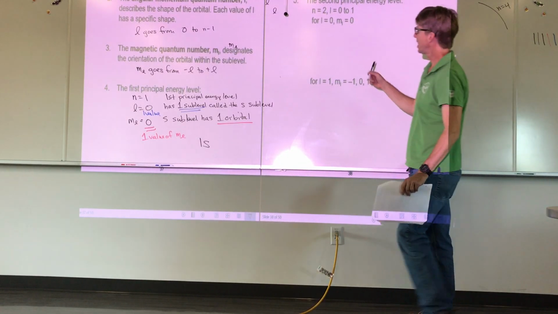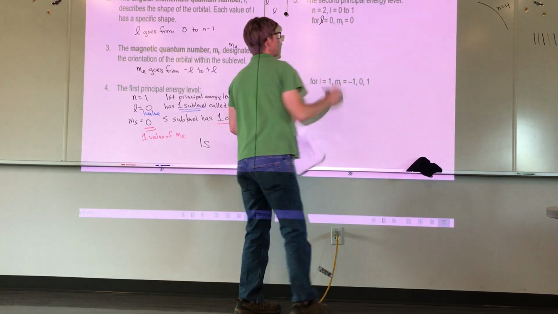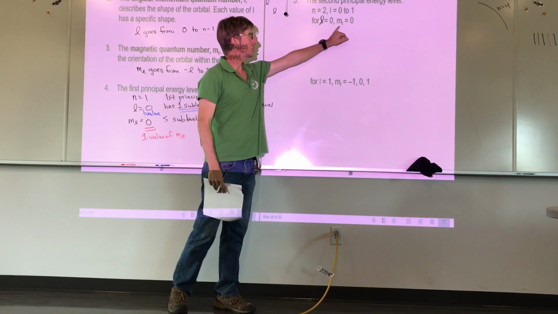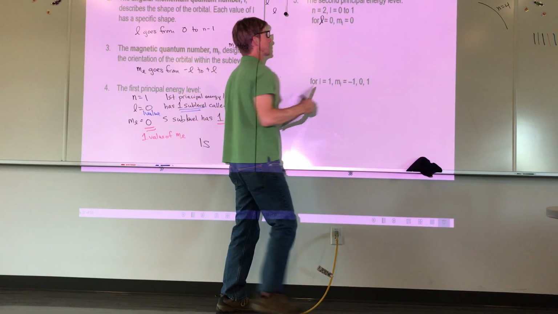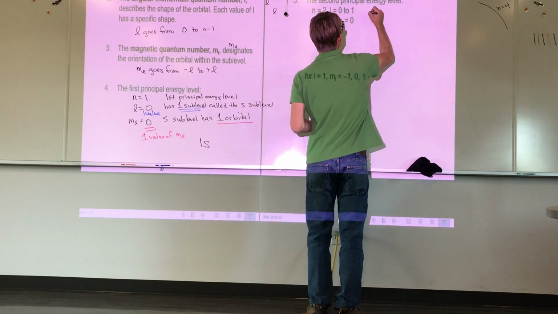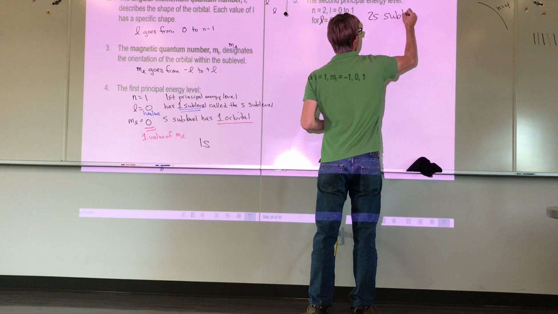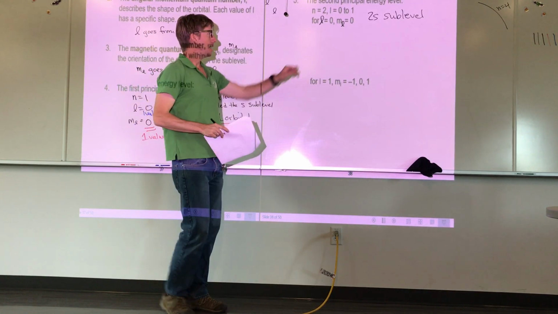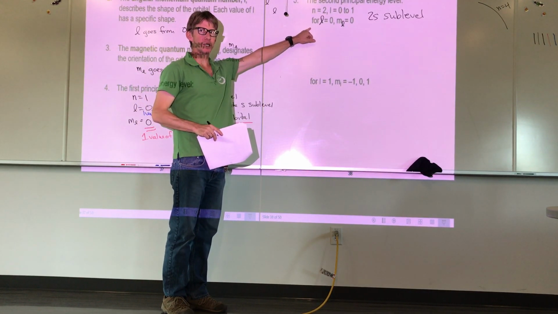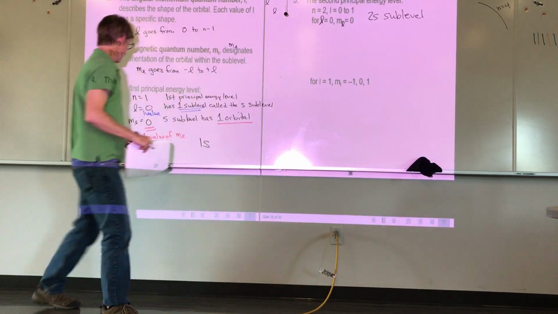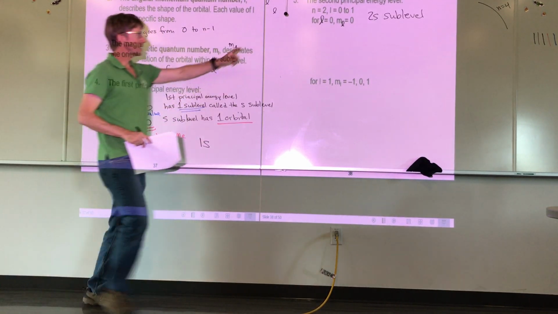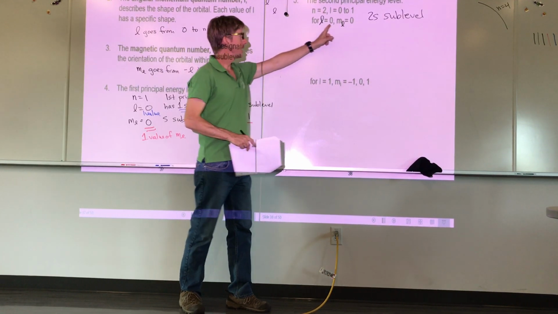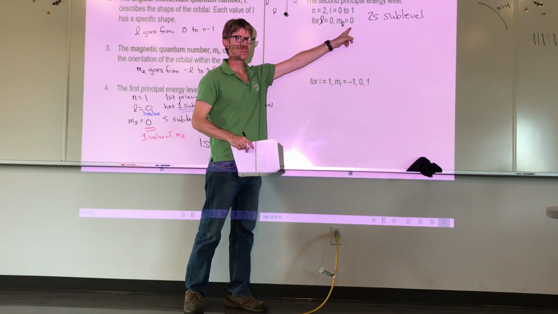For L equals 0, m sub L equals 0. This is the 2s sublevel. And whenever L equals 0, it is always an s sublevel. L equals 0, this is 1s. L equals 0, this is 2s. And the 2s sublevel has one orbital.